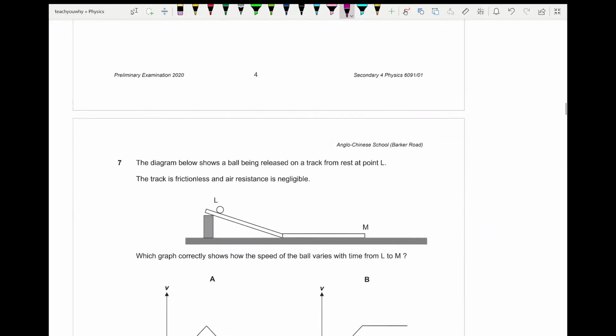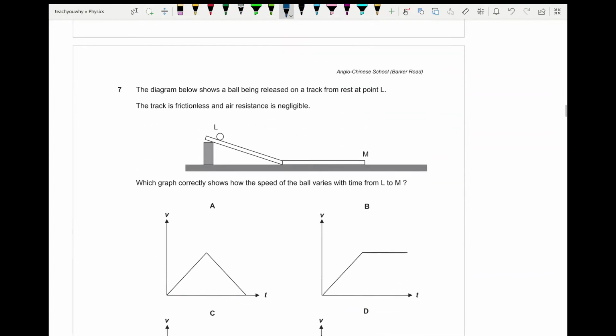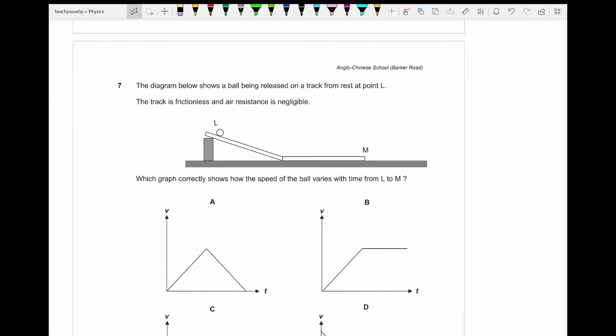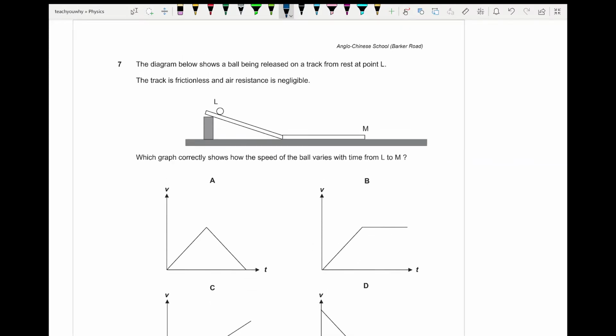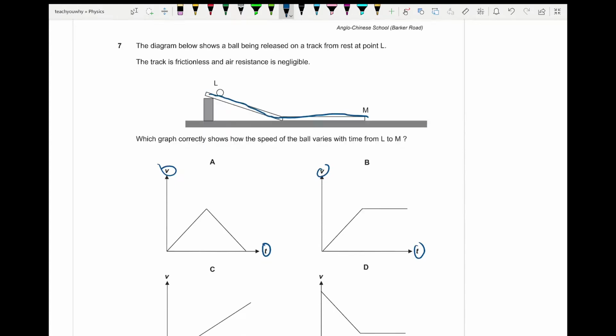Alright, moving on. Question 7. The diagram below shows a ball being released on a track from rest to point L. The track is frictionless and air resistance is negligible. Which graph shows how the speed of the ball varies with time from L to M? So they want to know L to M. Take note, this is a VT graph.